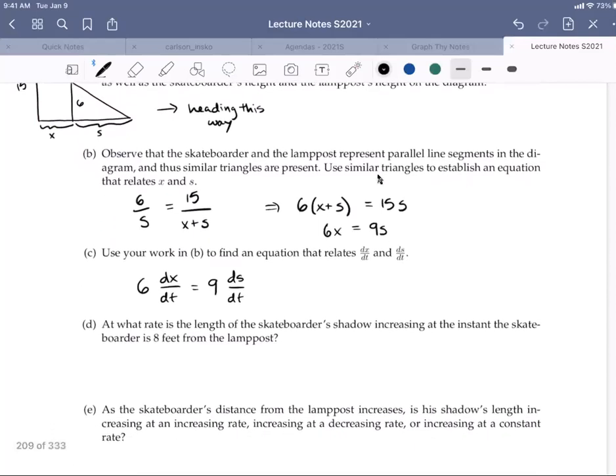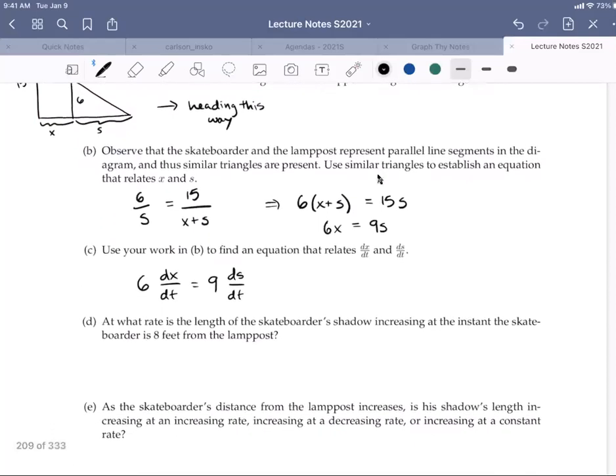At what rate is the length of the skateboarder's shadow increasing? To me, that is asking, what is ds/dt, at the instant the skateboarder is 8 feet from the lamppost, so when x equals 8 feet. We're missing a little bit of information.